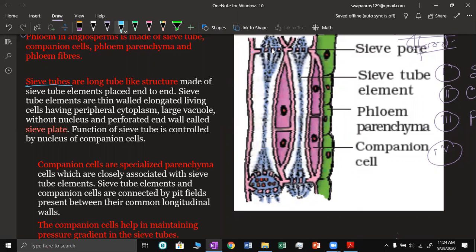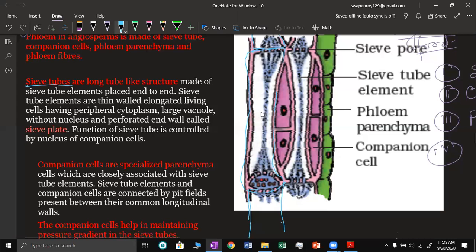This is one cell, next cell is this one, next this one, so this way a tube-like structure is formed.